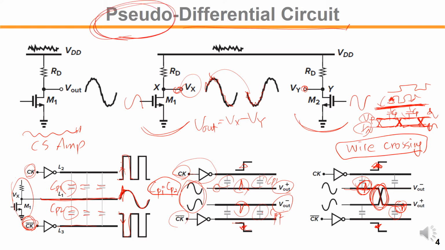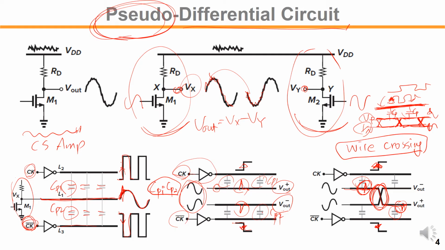The pseudo means we are just placing a single-ended circuit like this, two single-ended circuits placed side by side. So you apply the antiphase input and take out the antiphase output.